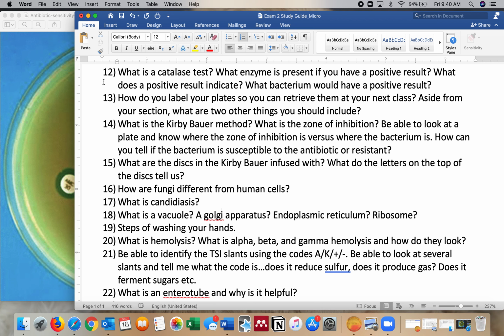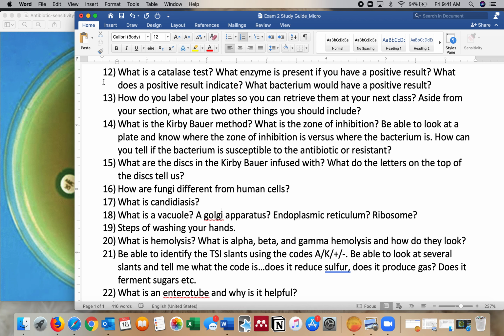And remember, that creates bubbles. So when we did this in lab, you had to plate some bacteria and then add a little bit of hydrogen peroxide, and if that bacteria had catalase, then you observed bubbles on your slide. Okay.